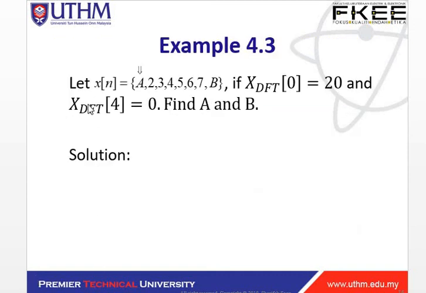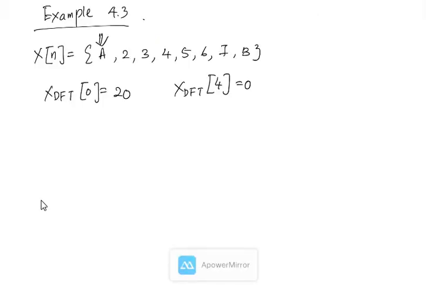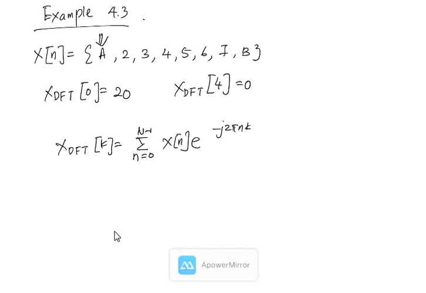Now let's look at the example. If the xn given is a, 2, 3, 4, 5, 6, 7, b, if X DFT 0 is 20 and X DFT 4 is 0, find a and b. In order to solve this, you must still remember the formula for the X DFT. So X DFT k equals summation of n equal to 0 to n minus 1 of xn exponent minus j 2 pi nk over n.